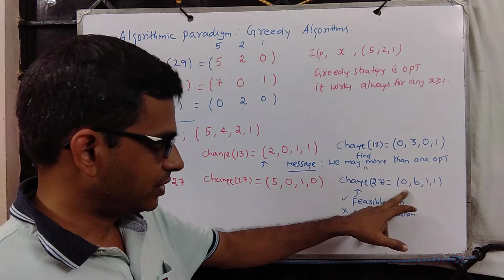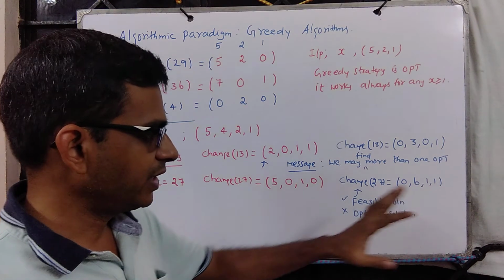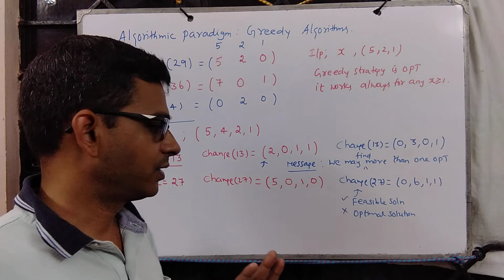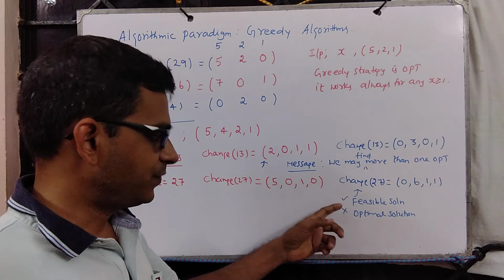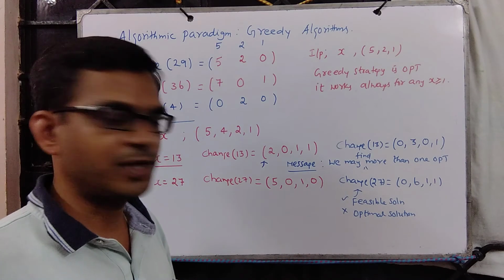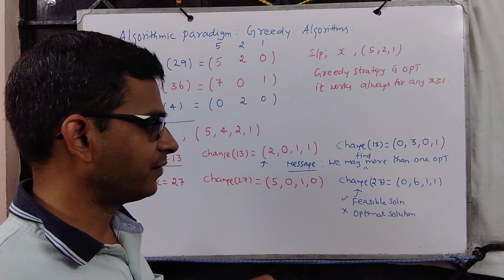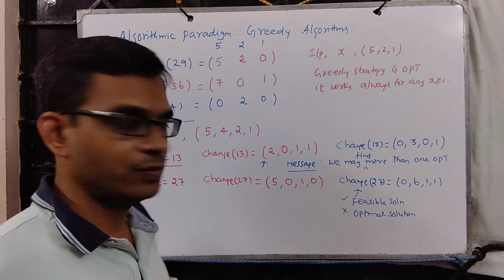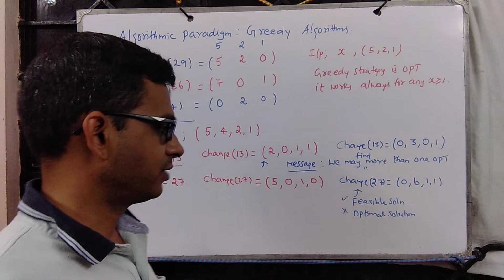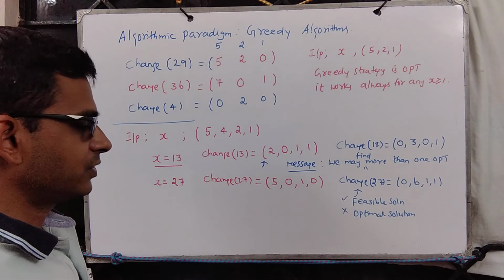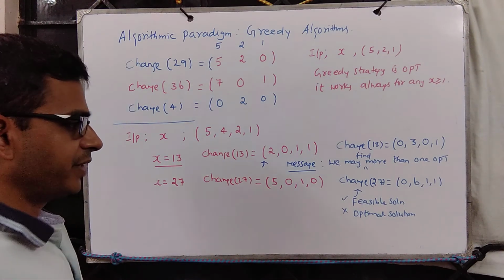So it is a feasible solution, meaning it gives you a change for 27, but this feasible solution is not an optimal solution. When we bring the word optimum, we look at whether we used the minimum number of coins to get to a feasible solution. In this case, the answer is no. So this is something one has to make a note of.